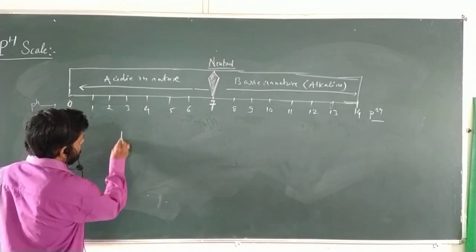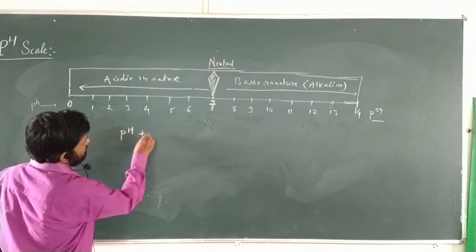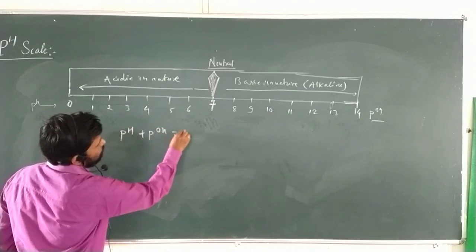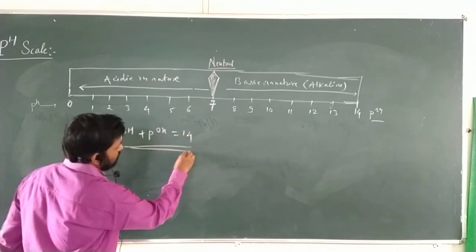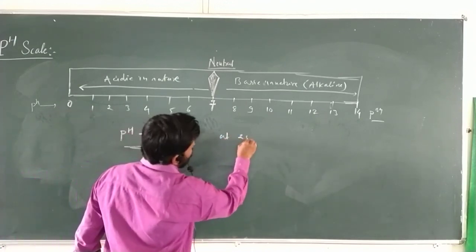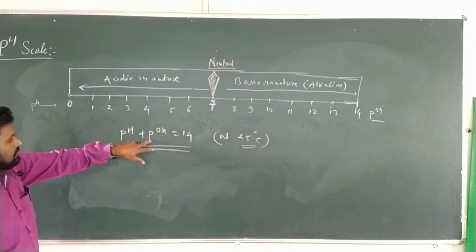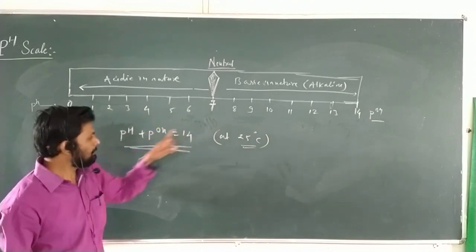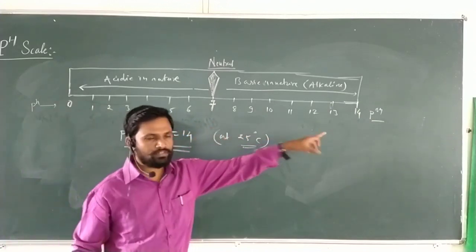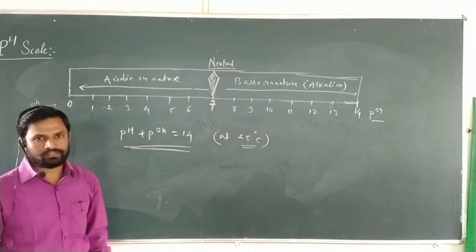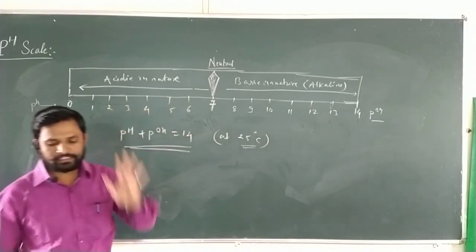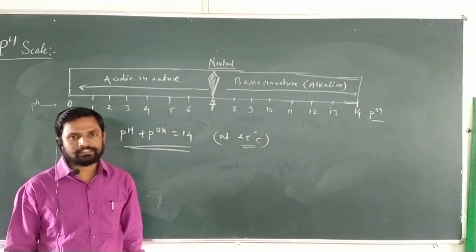We have the standard equation pH plus pOH is equal to 14. You have to remember this at 25 degrees Celsius. If pH is 0 to 7 and pOH is 7 to 14, combining both you will get 14. The pH range is always 14.